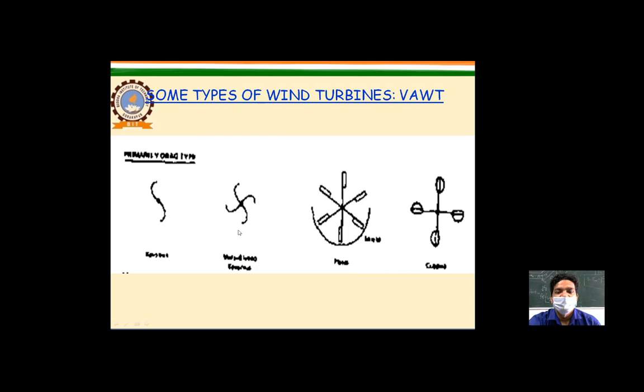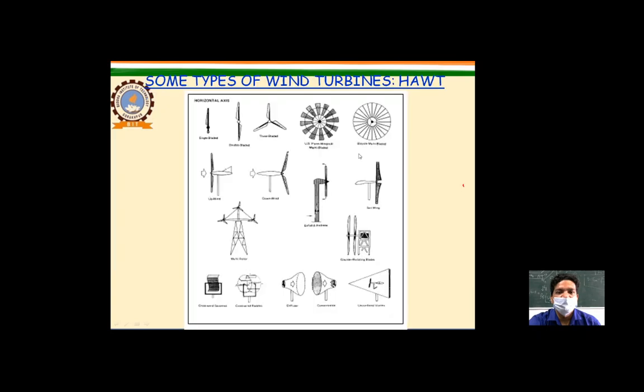Now here, I think the diagram is not clear, but we already discussed some wind turbines in the form of vertical axis wind turbine. Now there are some wind turbines related to horizontal axis wind turbine.